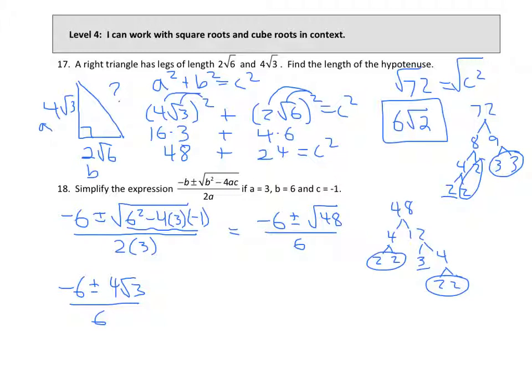And then we can simplify this a little bit more if we distribute this denominator to both terms on the top. We get negative 6 over 6 plus or minus 4 radical 3 over 6. Negative 6 over 6 is negative 1 plus or minus, and then 4 over 6 reduces to 2 over 3. So 2 radical 3 over 3, and that would be our final answer.